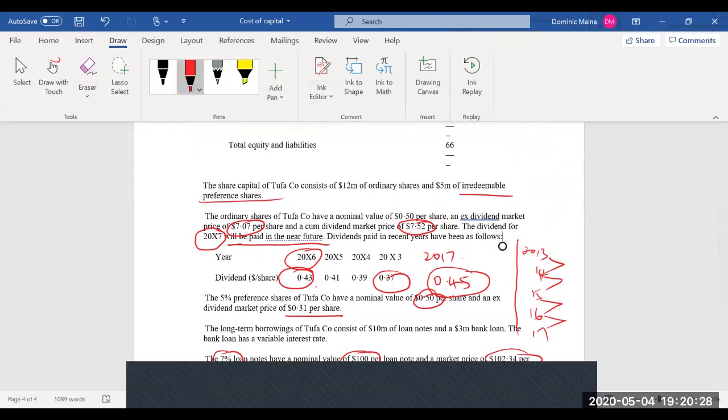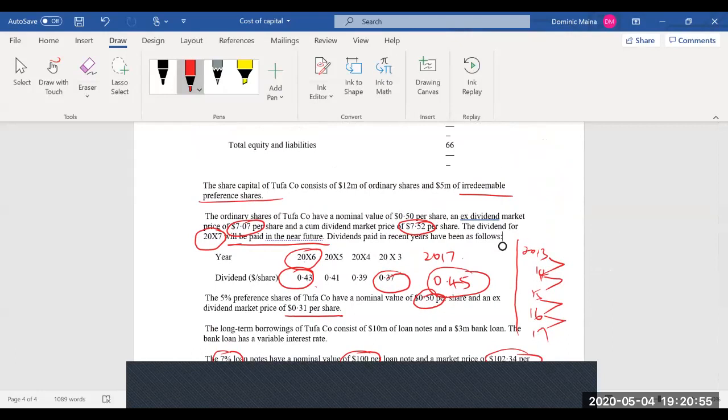Essentially, when it comes to preference shares, the assumption we normally make is that there's no tax on the dividend paid to the preference shareholders. So we ignore the tax, just the same way we ignored the tax when getting the cost of equity.